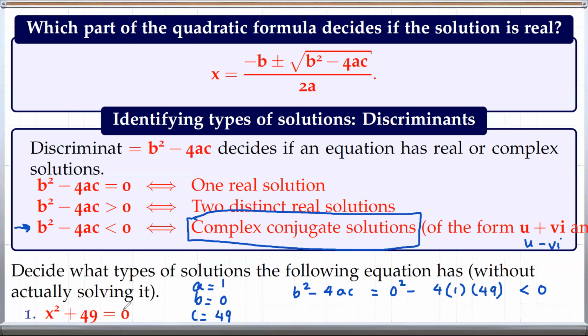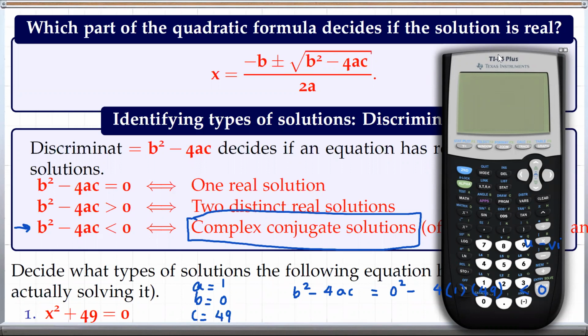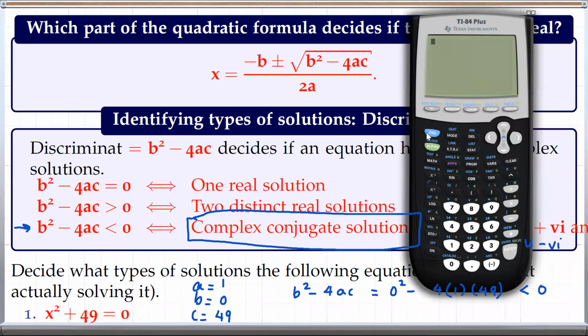Let's quickly graph this function and see what we mean by having two complex solutions. So up here is my graphing calculator, a TI-84 Plus. Let's go to Y equals, and we want to graph x squared plus 49.